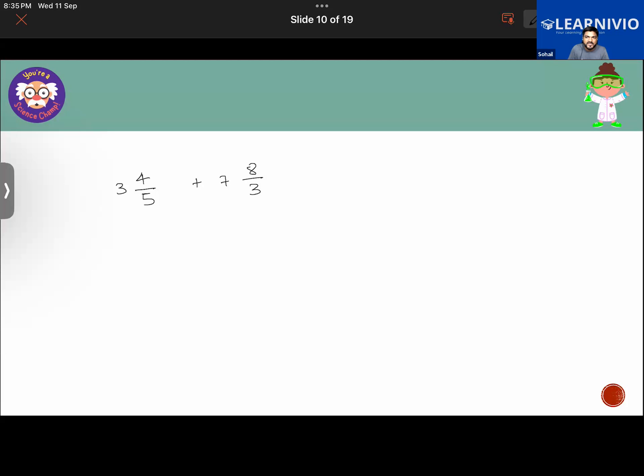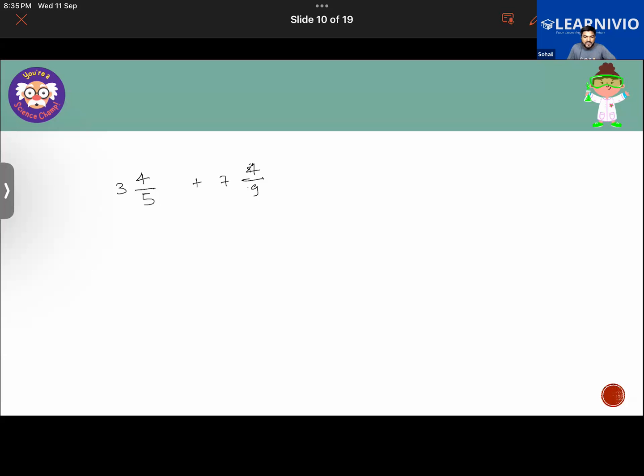Hope you guys understand the concept of mixed fraction. A mixed fraction is made up of a whole number and a fraction. It's a combination of a whole number and a proper fraction. So that is what a mixed fraction is.